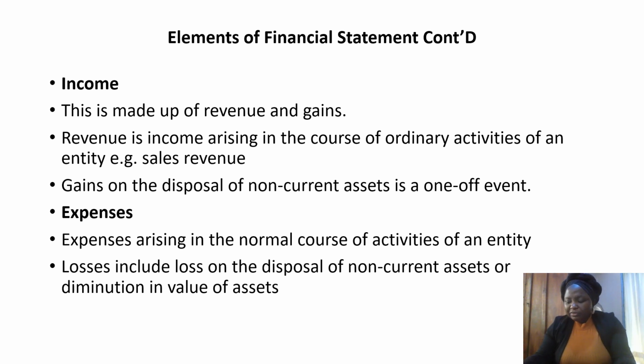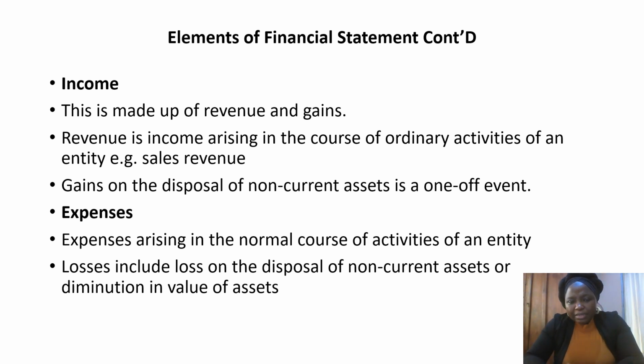Businesses normally have their charters, they have an industry, they have the objective. So whatever income emanates in the course of carrying out or pursuing that objective is known as the ordinary activity. When a business does what it is set up to do, whatever income it realizes from doing so is referred to as revenue.